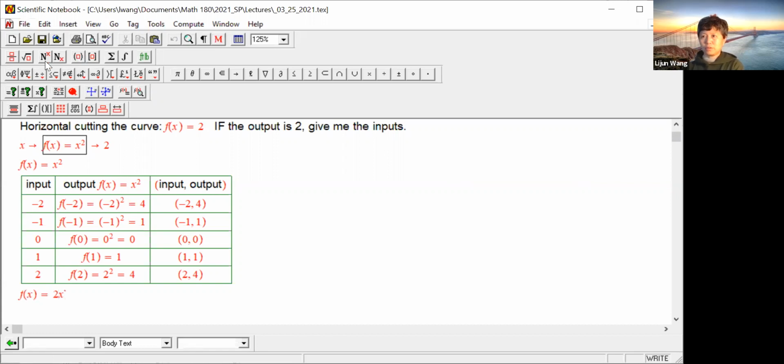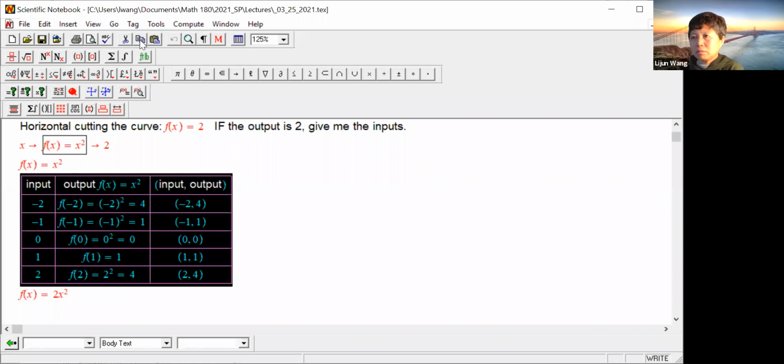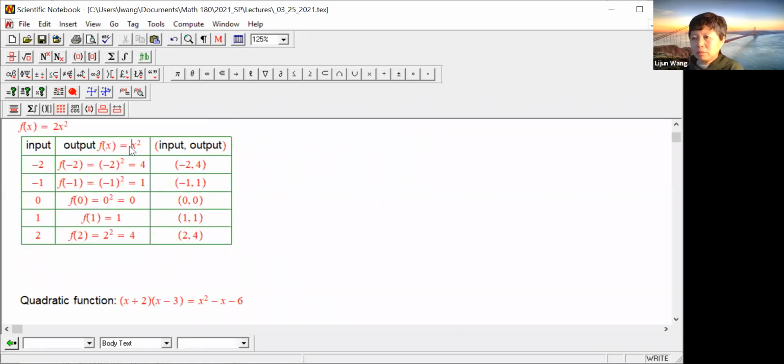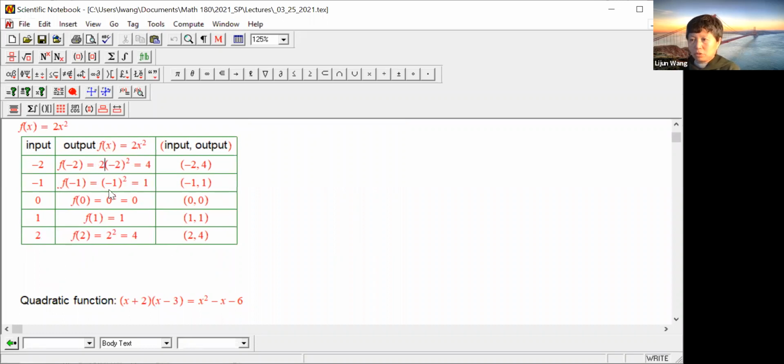Once again, I'm going to make a table, and you guys will help me complete the table. And the rule is different now. It's 2 times, everything's 2 times.